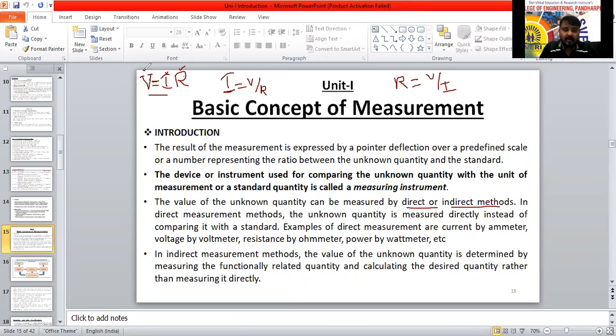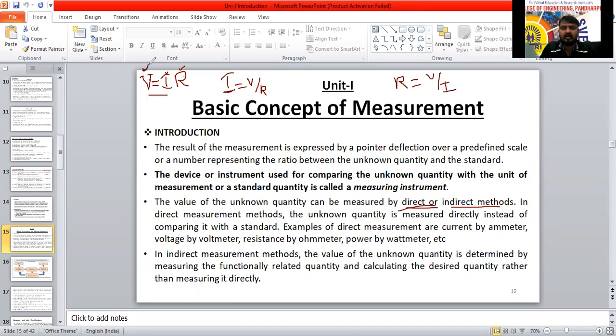So directly voltage चाहिए तो voltage measurement कर रहे हैं, directly measure कर रहे हैं. So that is called direct measurement. The unknown quantity can be measured by direct method. We are not using any other method for voltage measurement; we connect a voltmeter and directly measure voltage. If we want the current, we measure the current by ammeter. That is called direct measurement.